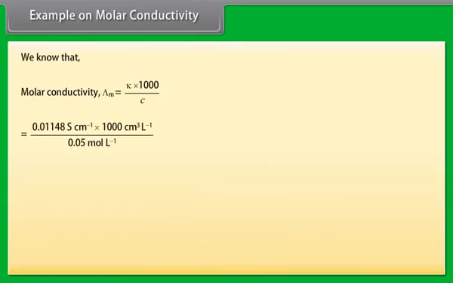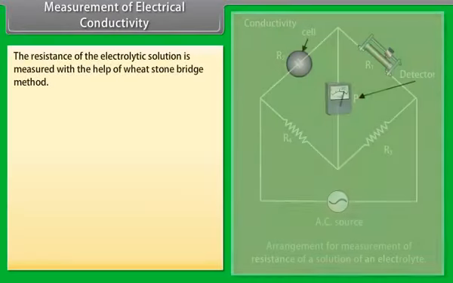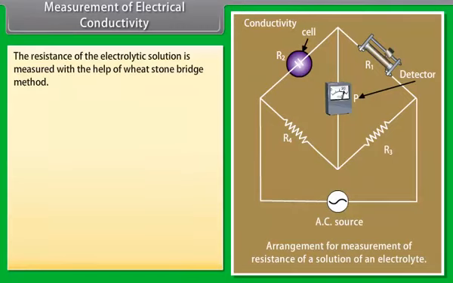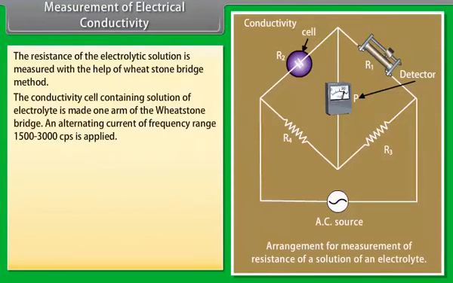For V centimeter cube of the solution containing 1 mole of electrolyte placed between two large electrodes 1 centimeter apart, the relationship between conductivity and molar conductivity is given by lambda m is equal to the product of kappa and volume.